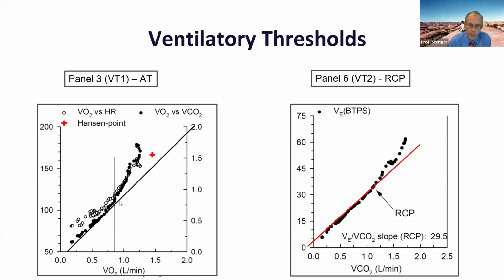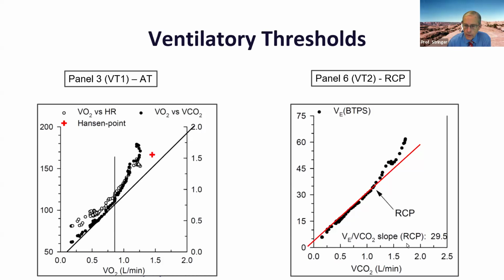And what it's telling you is that this deviation here occurs when there's additional CO2 output that's not metabolic. So the R of 1 here is your metabolic production, and then this is anaerobic production or excess CO2 from acidosis. So that's VT1. VT2 is respiratory compensation point.